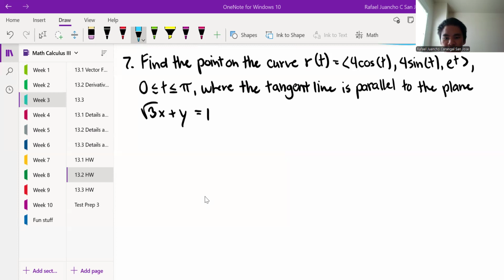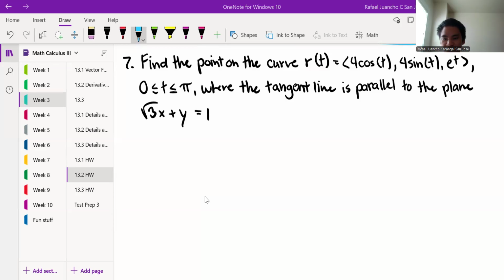And I guess we need to understand what it means for a line to be parallel to a plane. A line is parallel to a plane if its direction vector is orthogonal or perpendicular to the normal vector of the plane. So we can find the normal vector of the plane, and we're looking for the tangent vector that is perpendicular or orthogonal to that normal vector of the plane.